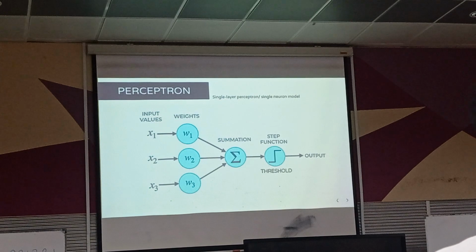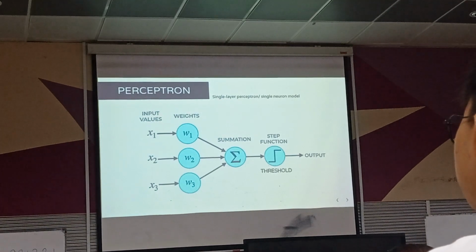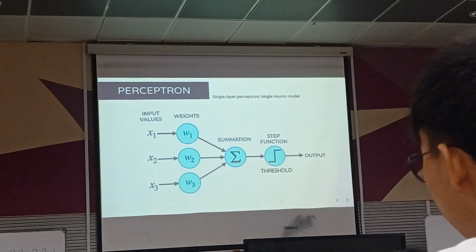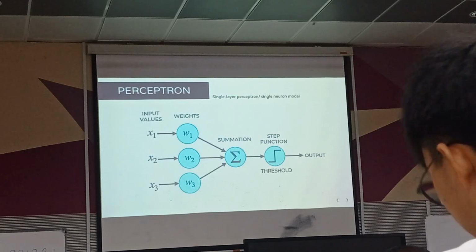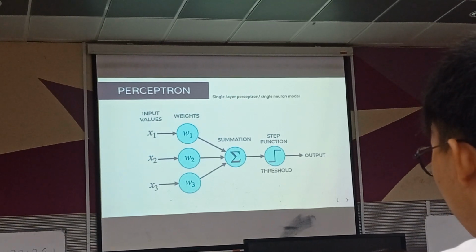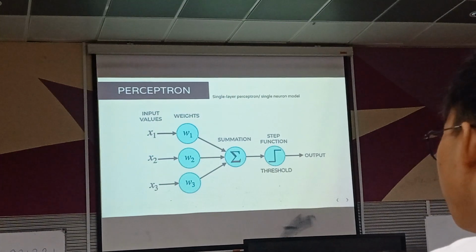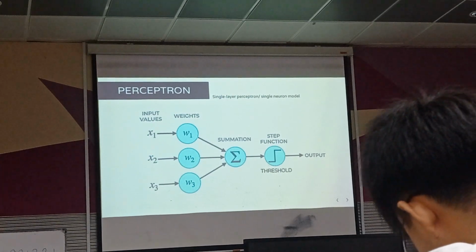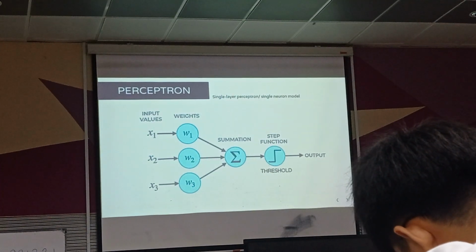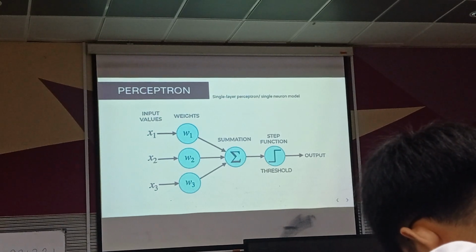You have to assume that this part is a processor unit, just like a neuron. What is the purpose of the processor? To process the information. The moment that you process the information, some calculation takes place. I'm going to show you later how the calculation takes place.